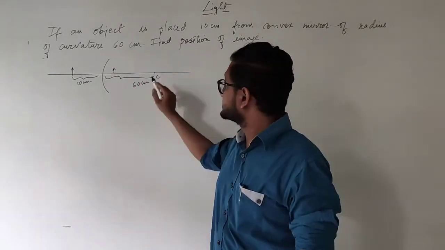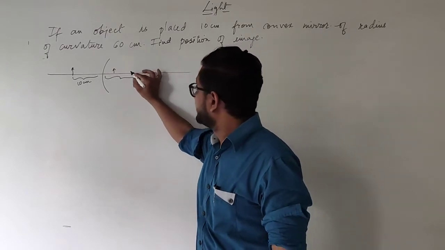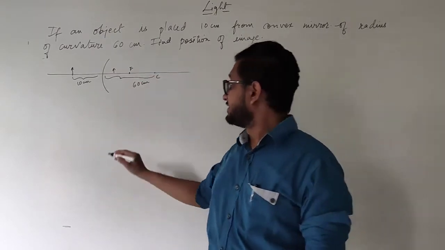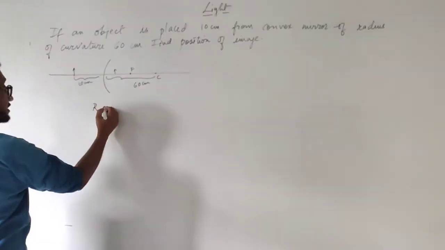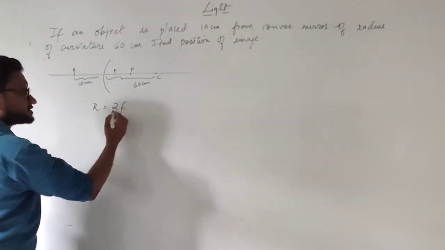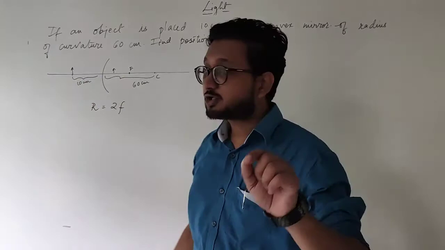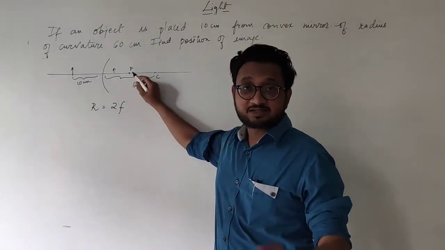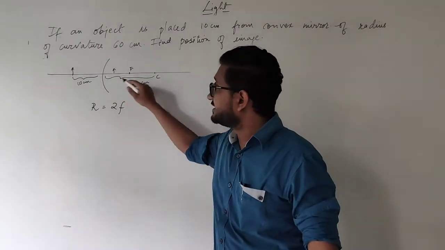Why? Because the center of curvature is over here and the focus point is somewhere over here, because we know that the radius of curvature is twice the focal length. I have taught you in the previous videos that the focus point is in the exact middle of the radius of curvature.